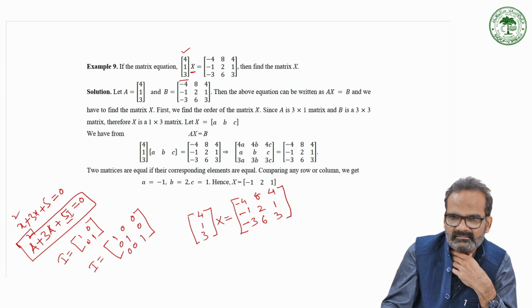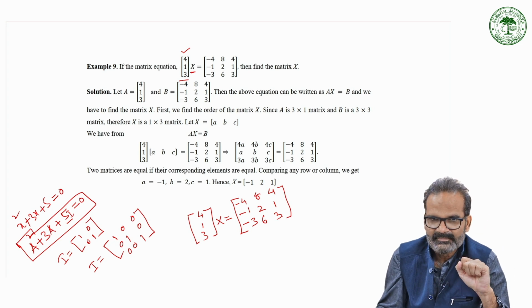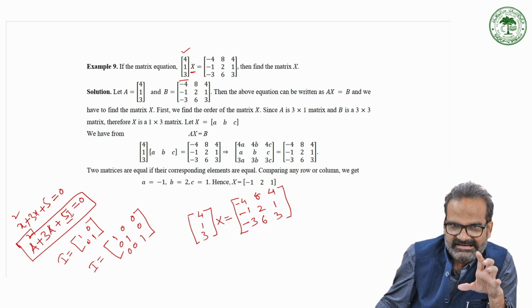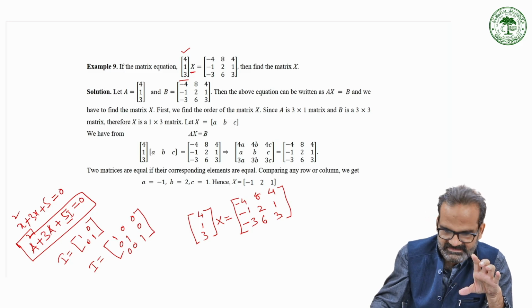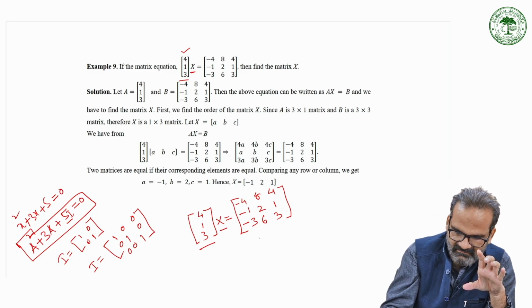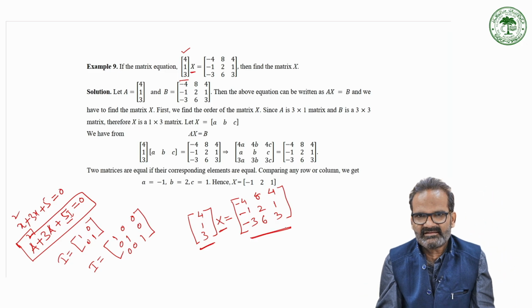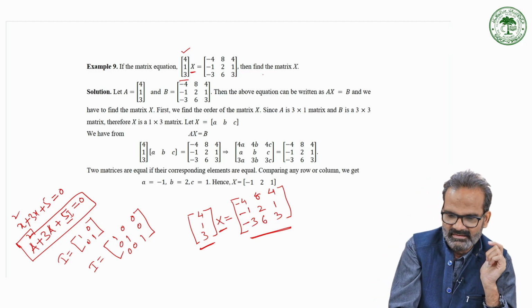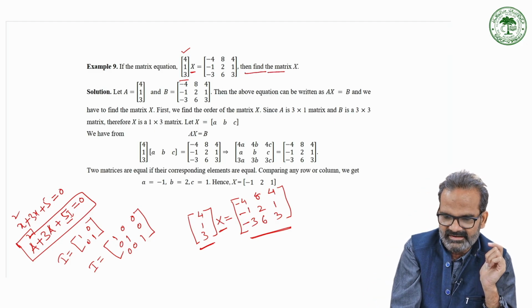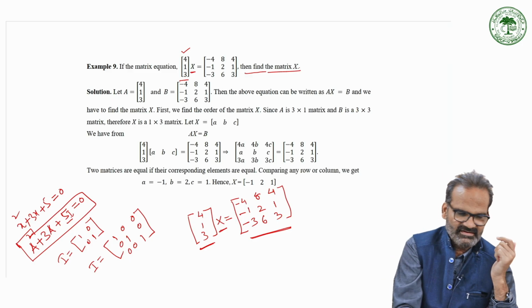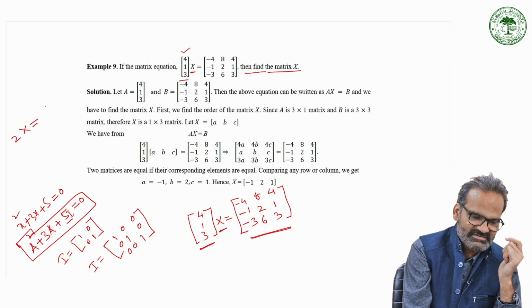Are you getting the meaning of what I want to say? The left hand side contains two matrices, 4 1 3 and X, and the right hand side contains this matrix. So the product of this matrix and this matrix is equal to this matrix. This is a matrix equation. Then what you have to do is find out the matrix X. It's very much similar to 2x equals 6, find x: x equals 6 by 2, that is 3.